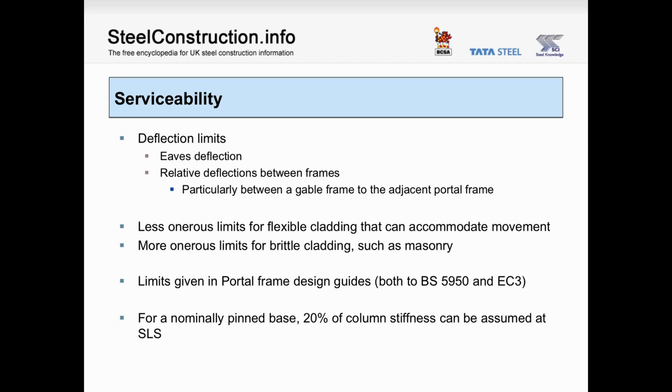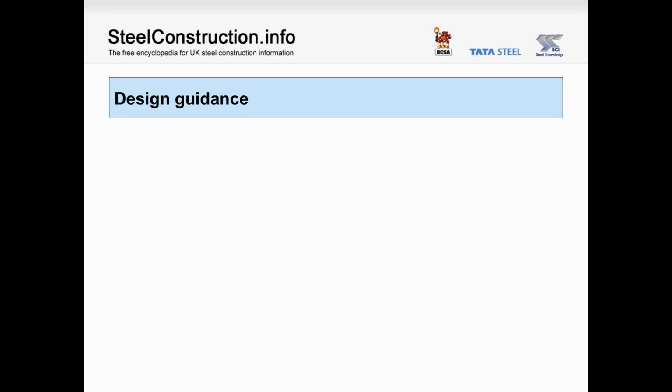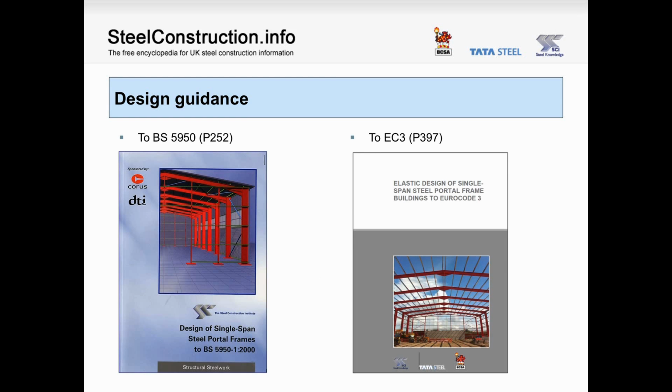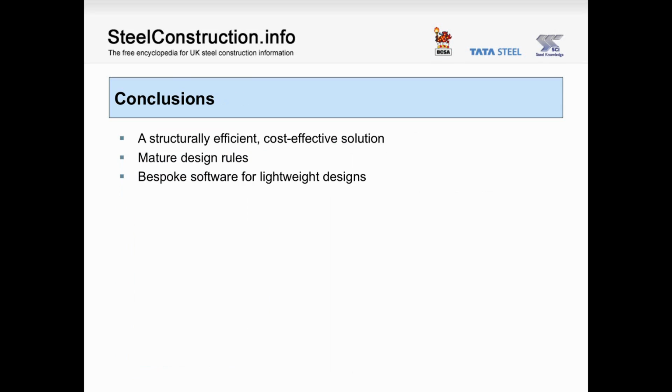Remember, when we are checking deflections, a very useful technique is to allow for the stiffness of even a nominally pinned base, and if we do have a nominally pinned base, the recommended approach is to allow 20% of the column stiffness, and that will do a good job in reducing the deflections. So the design guidance that's available covers both design standards. Publication P252 covers design to BS 5950, and publication P397 covers design to Eurocode 3.